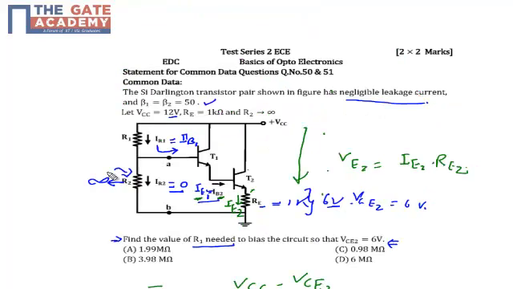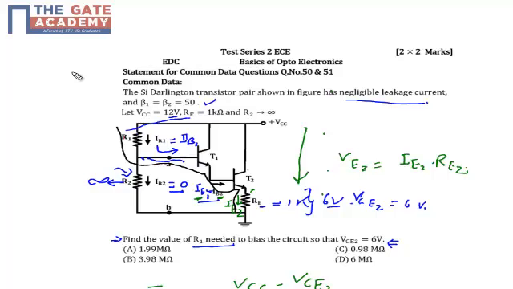So I need to calculate the value of R1. If I apply KVL at this path, from VCC to R1, through the base to emitter voltage of the first transistor, and again the base to emitter voltage of the second transistor, and then RE, we can always apply KVL from VCC to ground.